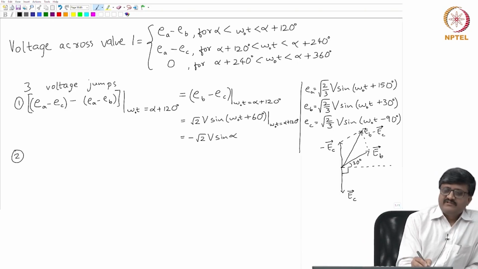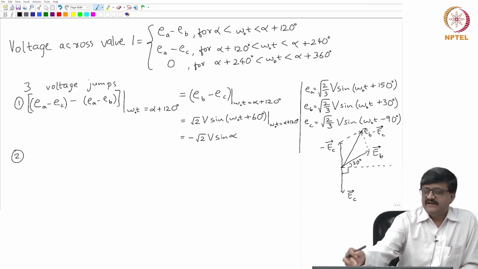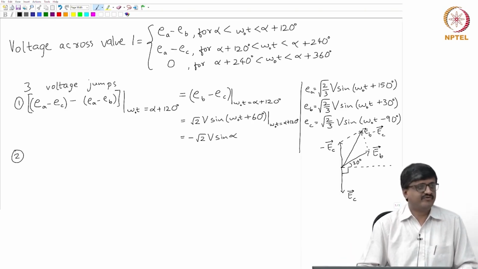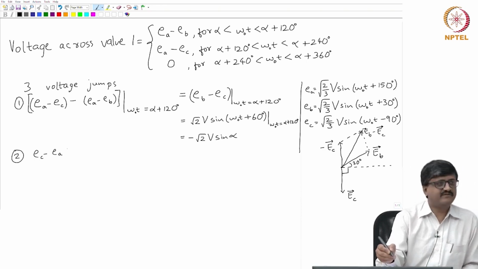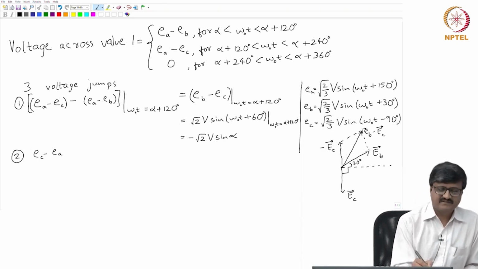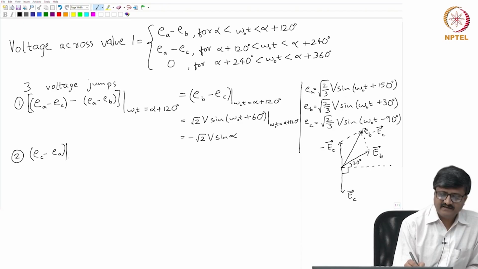So, the expression is 0 minus EA minus EC evaluated at alpha plus 240. So, it is EC minus EA. See, 0 minus of EA minus EC, that is EC minus EA. So, this is calculated at omega OT equal to alpha plus 240.